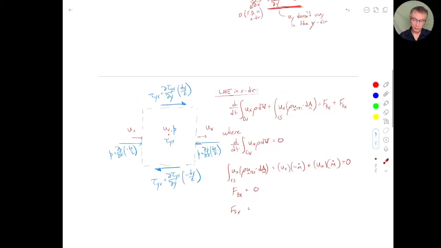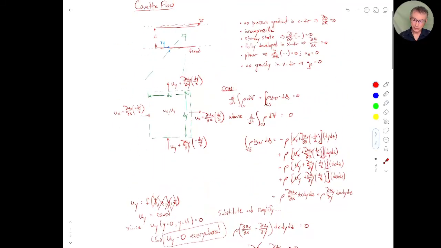We said that there was no pressure gradient in the x direction. There are different ways you can move fluid, three different ways, basically. One way to move fluid is through a moving boundary, like what we have here for the Couette flow. As we move the boundary, it drags the fluid with it. A second way you can move fluid is with a pressure gradient. So if you push on one side of the fluid, let's say the pressure here was larger than the pressure there, then we'd get the fluid moving from left to right.